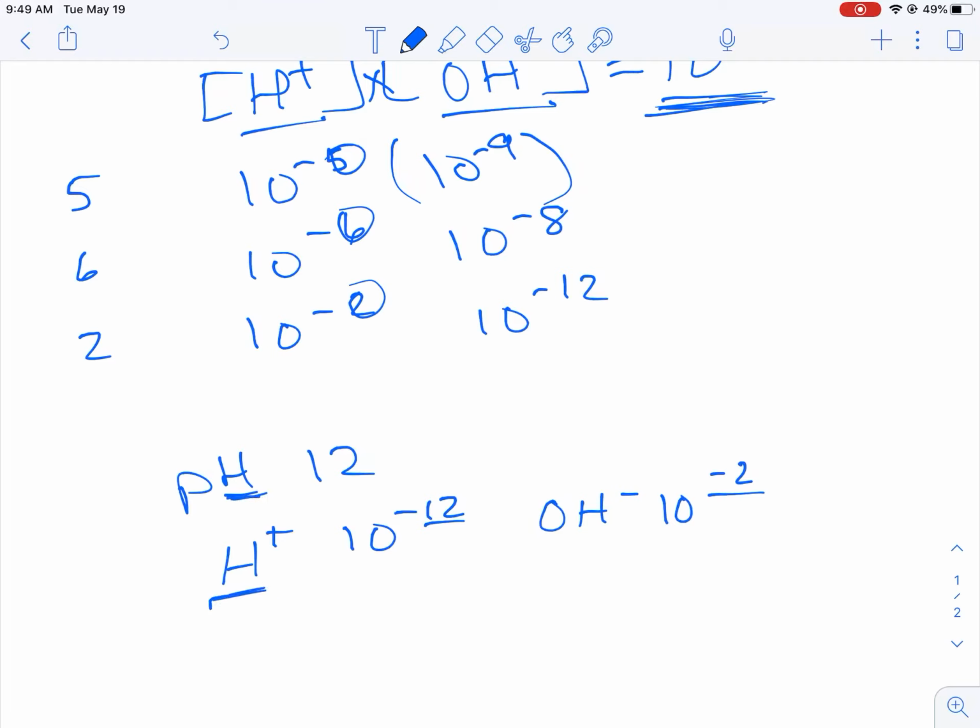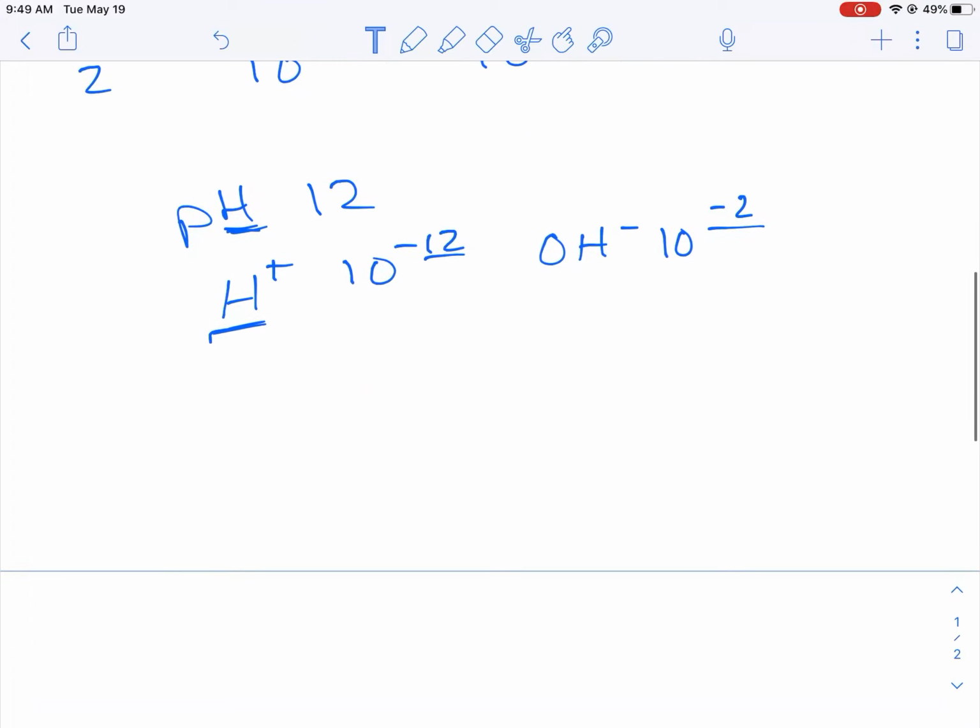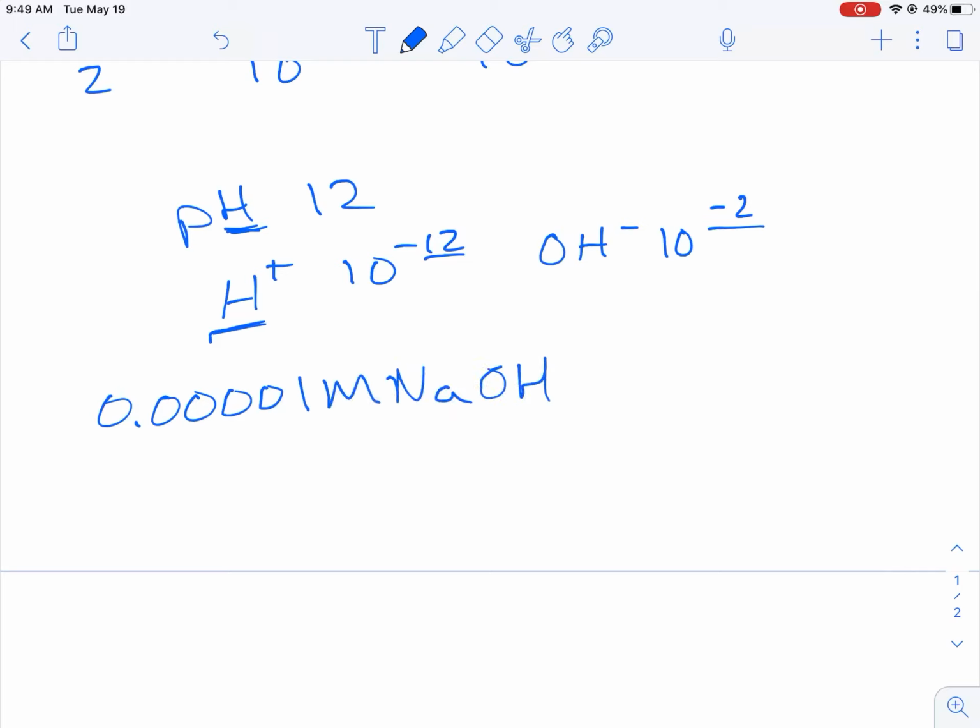All right. So if you're given a pH, you know that the pH and the H have to go hand in hand. If they give you a formula, say, for instance, they give you something that's a base, and now we're going to go into more depth here. Say they give you something like 0.00001 molar NaOH. You have to first look at that formula and say to yourself, is that an acid or a base?